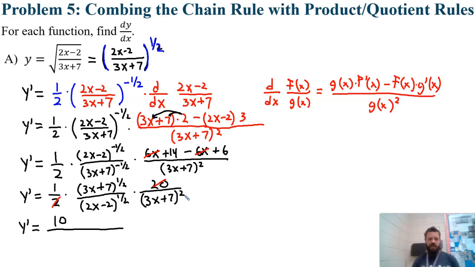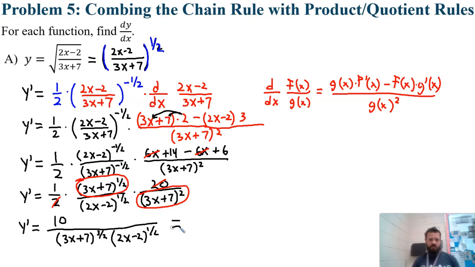So if I have 1/2 minus 2, what that's going to be is a negative 3/2. So I could combine these two factors here as just a 3x plus 7 to the 3/2 on bottom. And then we still have the 2x minus 2 to the 1/2 power here. All right, so I'm going to say that's about as cleaned up as I need to make this one.